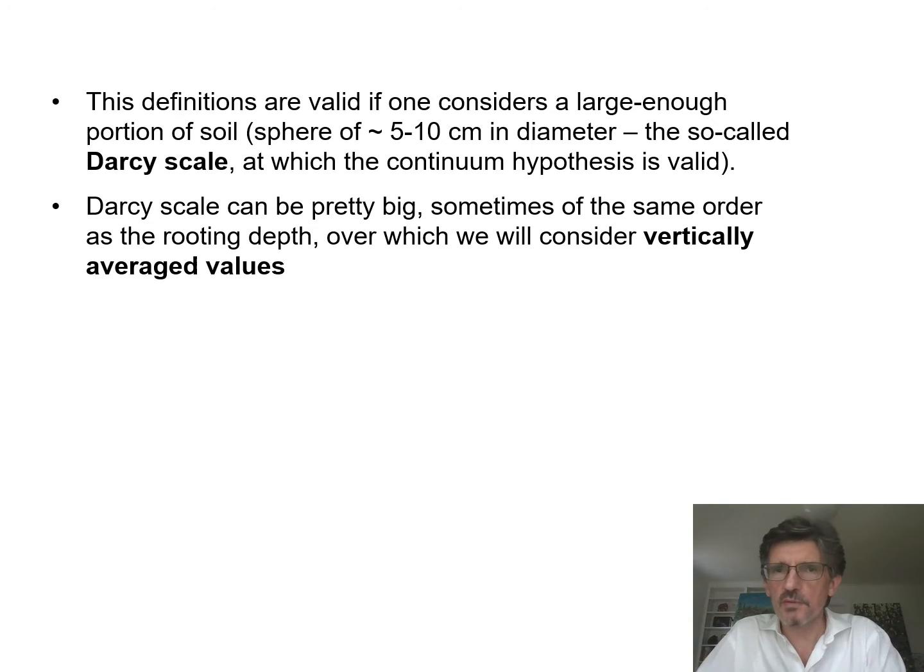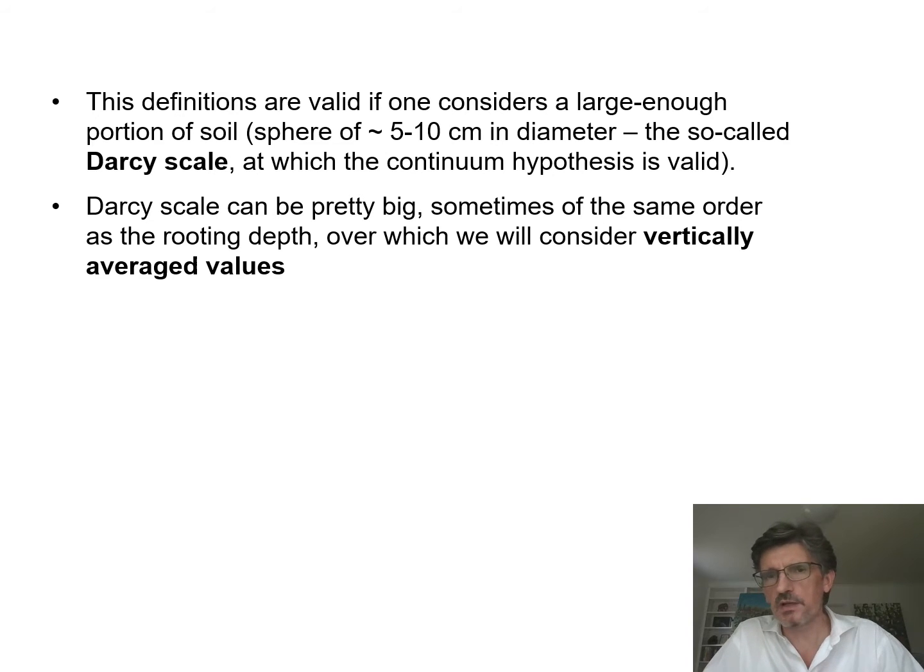It's important to keep in mind that these definitions are valid at the so-called Darcy scale, which is a volume large enough, the so-called representative volume, over which we average spatially the characteristics, the pores, the grains, and so on.